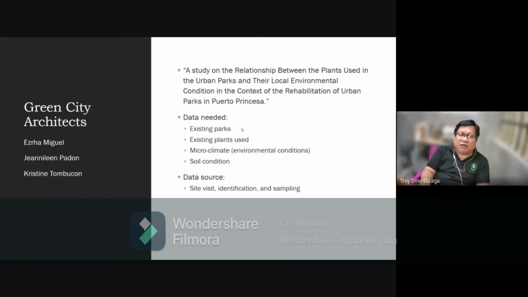Also, you record the microclimate, basically the environmental condition, how long during the year is it hot or cold or rainy, etc. The soil condition, whether they're good for plants, etc. And included in the environmental condition will be the neighborhood, okay, because pollution is another aspect that may affect the life of plants. Data source, of course, site visit, identification, and sampling, and of course, you do a lot of literature search on the types of plants that you'll be assessing.